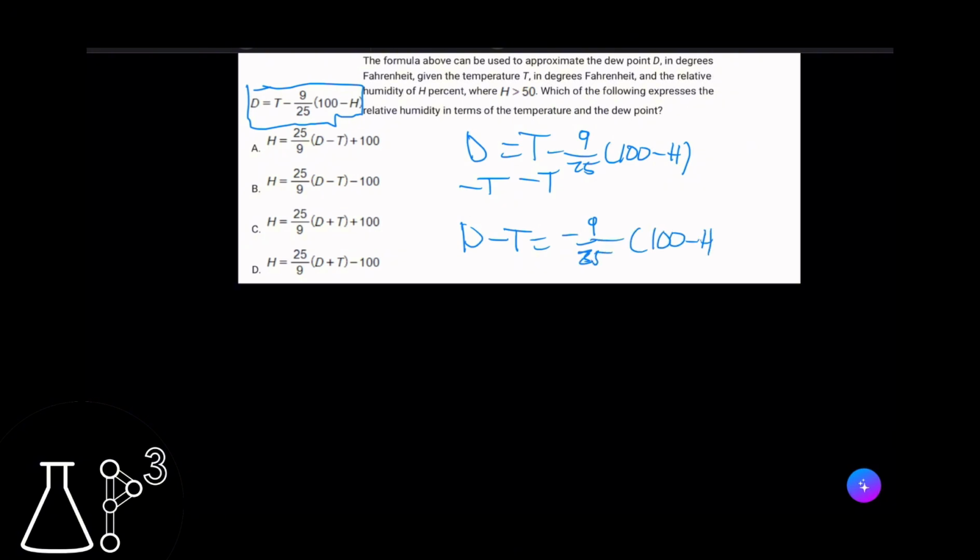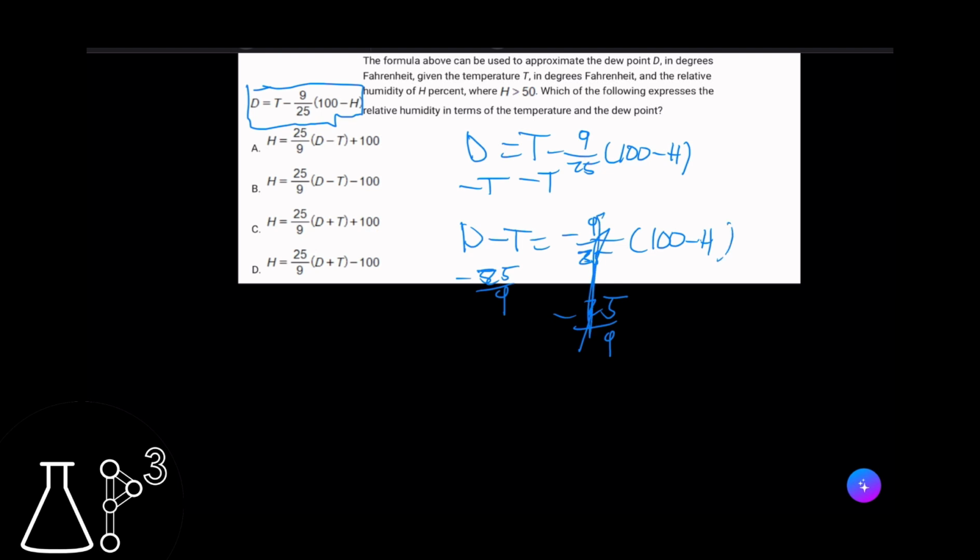What I can do now is multiply both sides by -25 divided by 9, so that this cancels out, and I'm just left with 100 minus H on the right side.